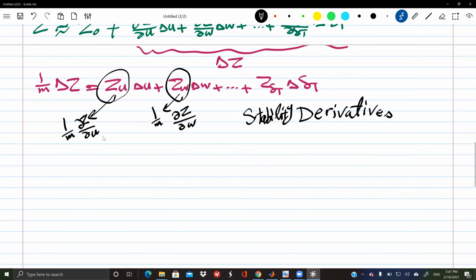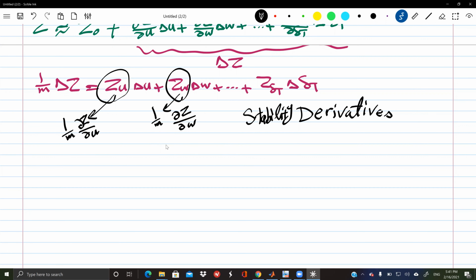All these things that show up all of a sudden, they are too many. They are simply derivatives of what? A derivative is simply a rate of change, right? So they are the rate of change of what? My aerodynamic forces and moments, with respect to what? With respect to my motion variables, UVW, PQR, okay?